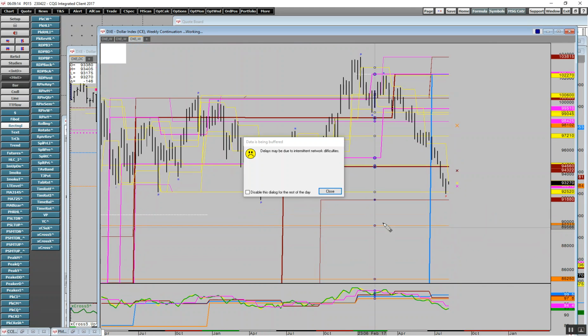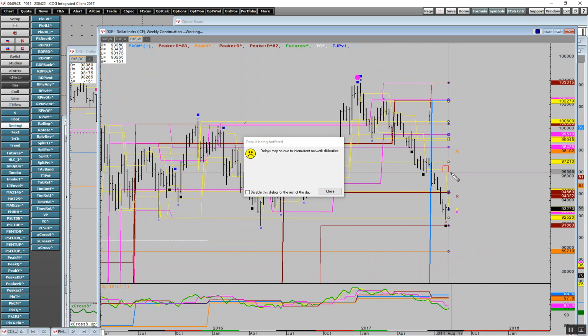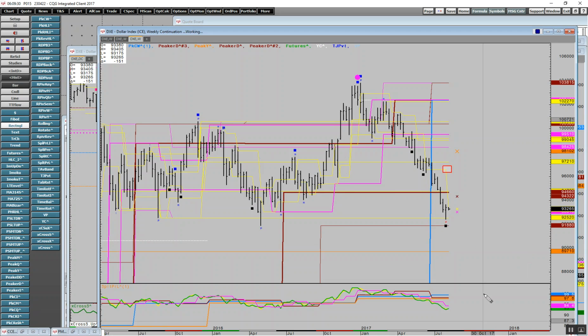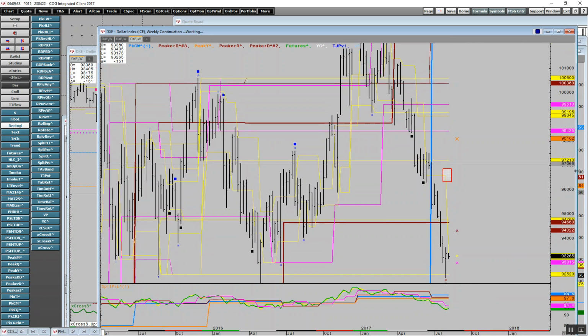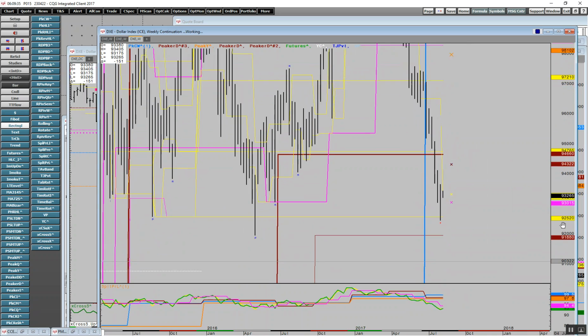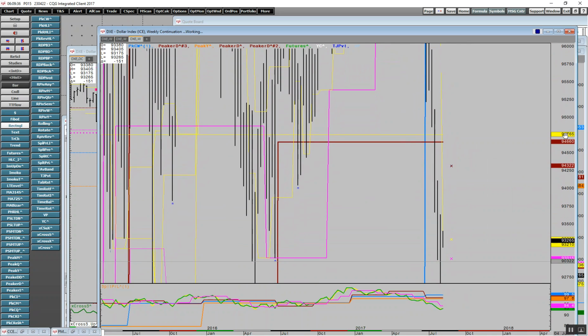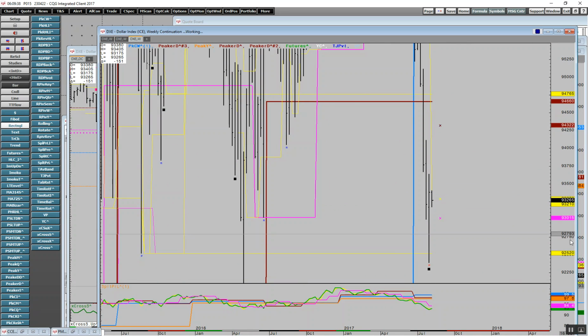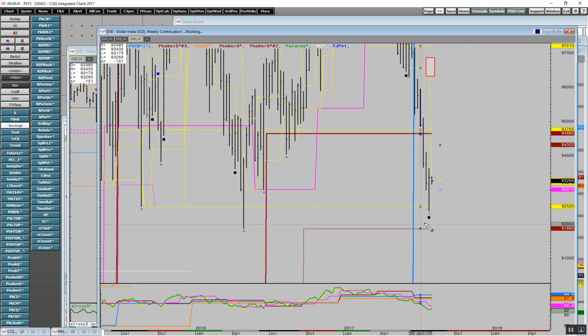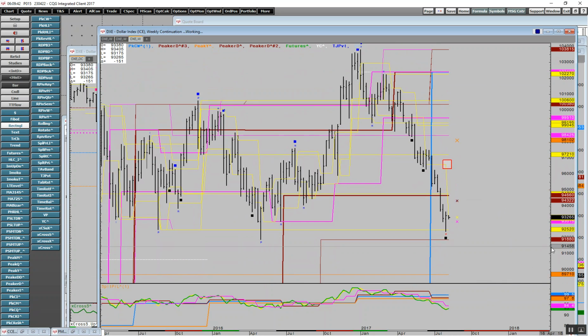For me, there's the major support that we bounced off. We are trying to create weekly support here. That is a potentially bullish development, so you need to keep an eye on that closing level this week, which is 93. What's that level there? 93290. Need to watch that level.